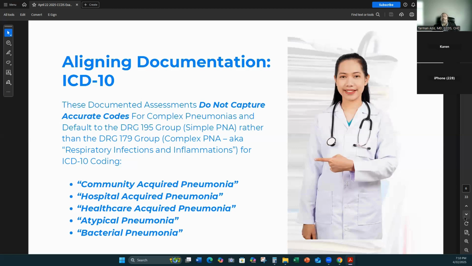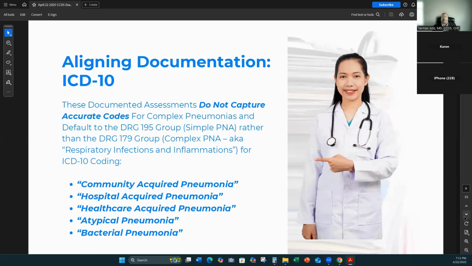The word I'm looking for here, rather than simple, to clarify, is the word unspecified. These go to J18.9, which is unspecified pneumonia, because you've not specified an organism. And to make it into the complicated, complex, or respiratory infection and inflammation DRG group, which carries higher relative weight because these are more resource intensive pneumonias, then you must clarify what type of pneumonia is being treated.